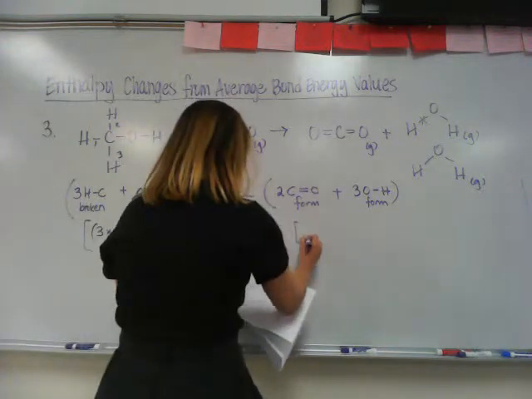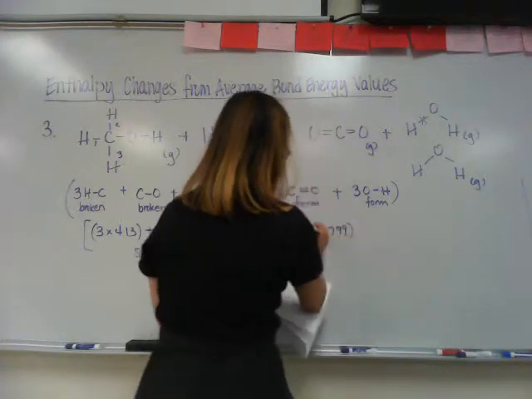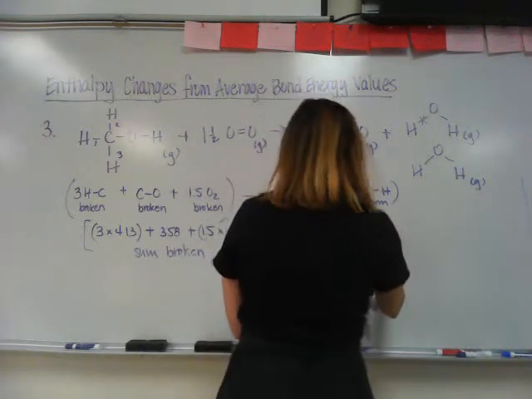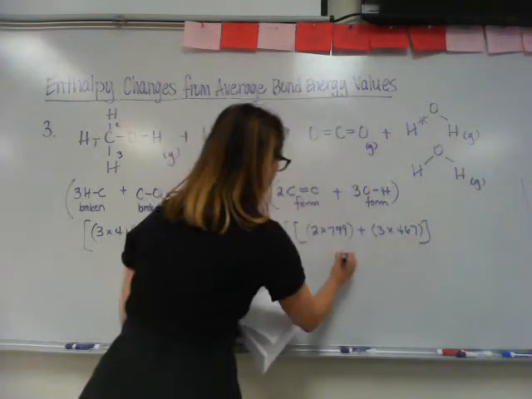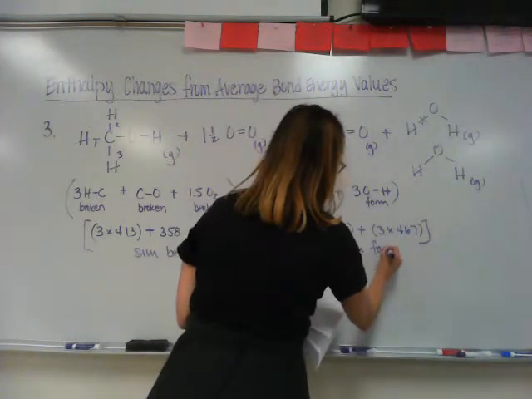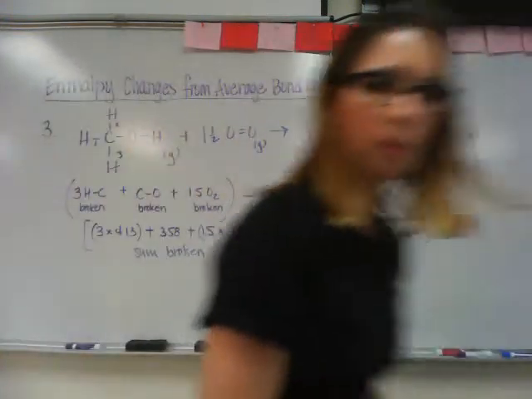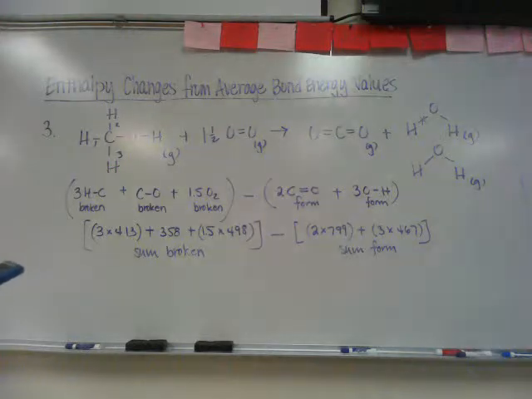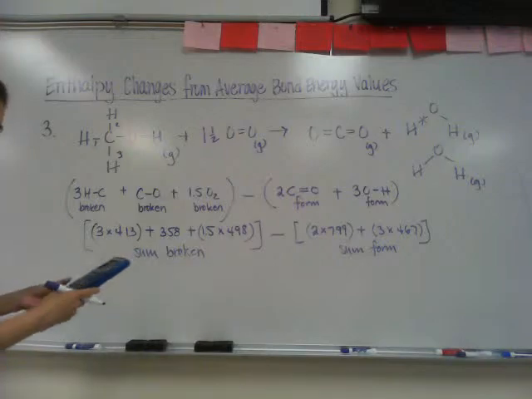Minus 2 times 799 plus 3 times 467. And this is the sum of the bonds formed. Okay, so 3 times 413 plus 358 plus 1.5 times 498.